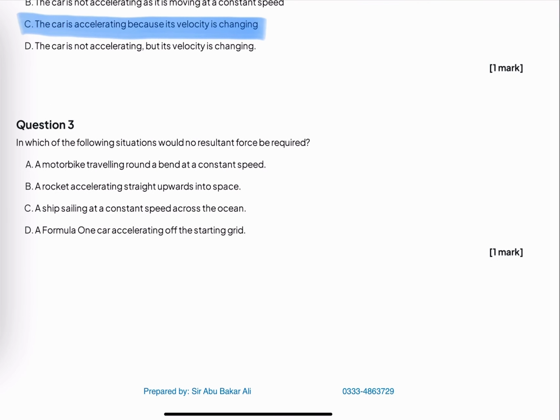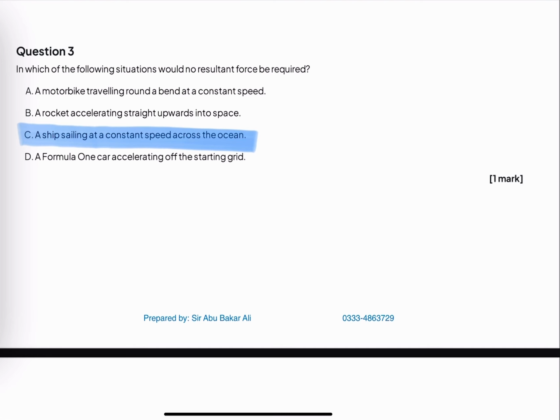Question 3, in which of the following situations would no resultant force be required? It's option C, a ship sailing at a constant speed across the ocean. In this, no resultant force is required, because there is no acceleration, it's moving in a straight path.